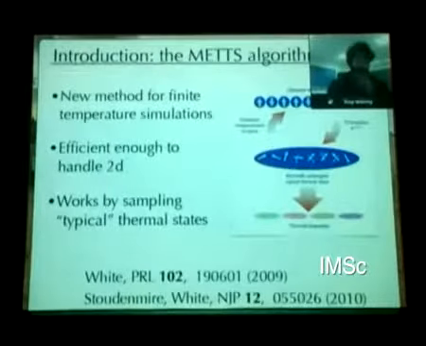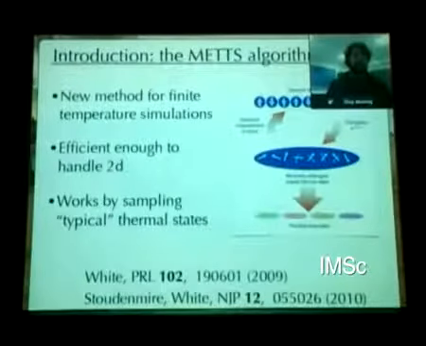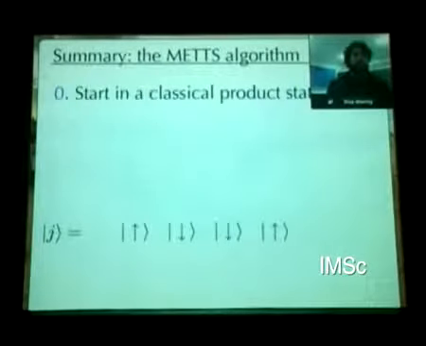This method is described in detail in these two articles below, and these slides will be posted, so you can take down these citations later. Before I go into detail about the algorithm, I thought it would be helpful to show you the basic steps of the algorithm. If anything seems confusing in the next few slides, please just wait, and I'll go through all this again in more detail.